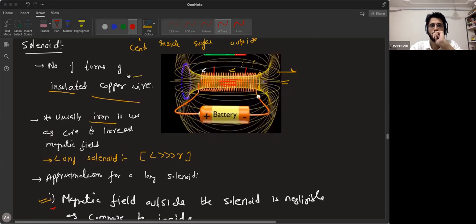So here, what is the first point written? Okay. Number of turns. Sorry. Sir, what is written, sir? Number of turns of insulated copper. Sorry.